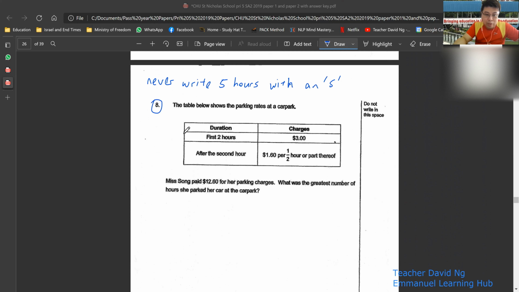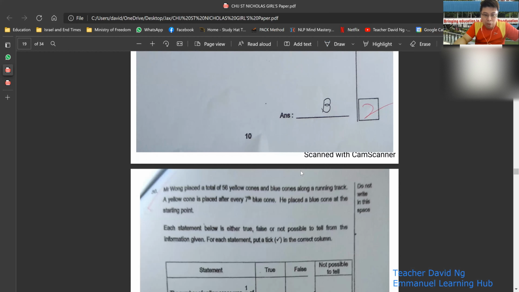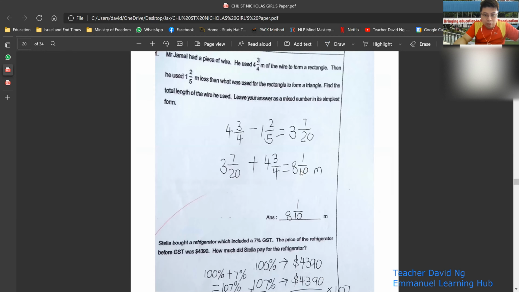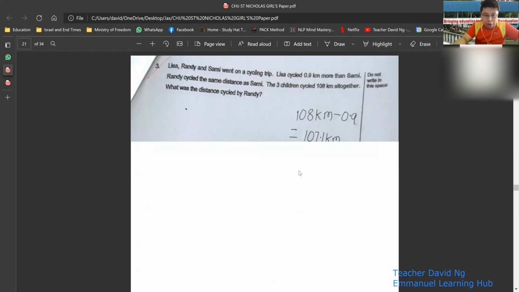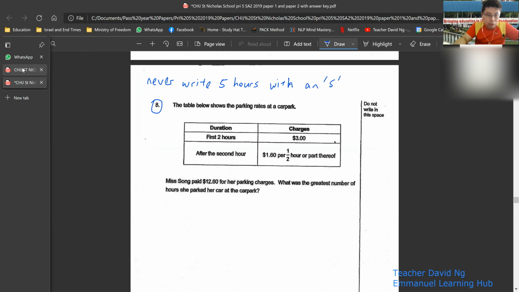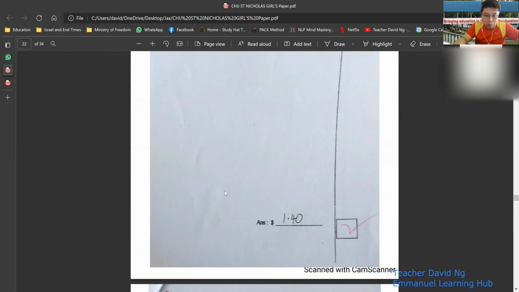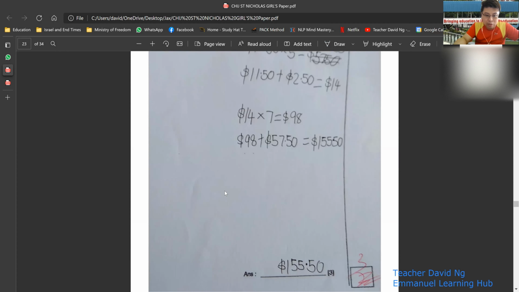Okay, this one depends on the marker. What I mean by depends on the marker, that means whether you get the marks or not. For that question, it depends on whether the marker is particular about the English.